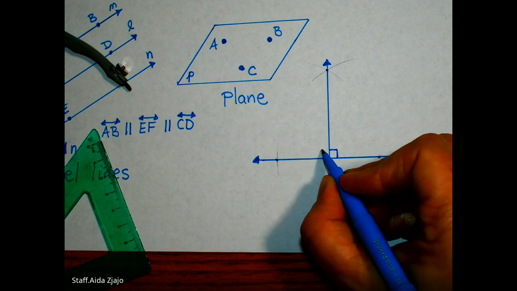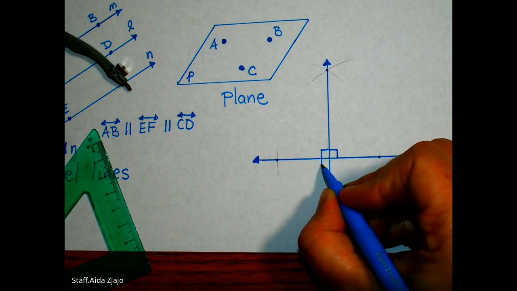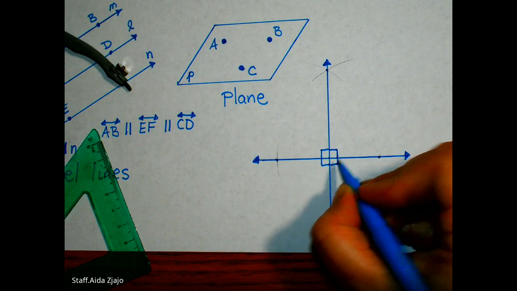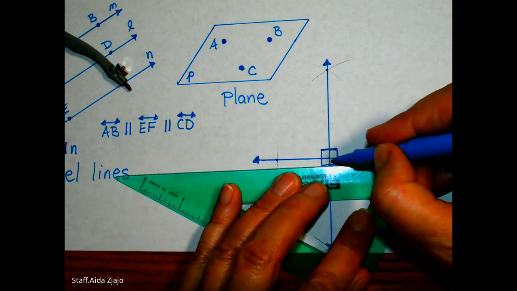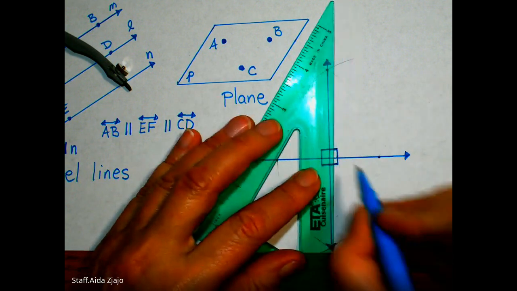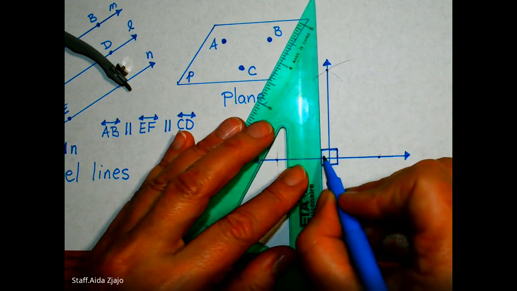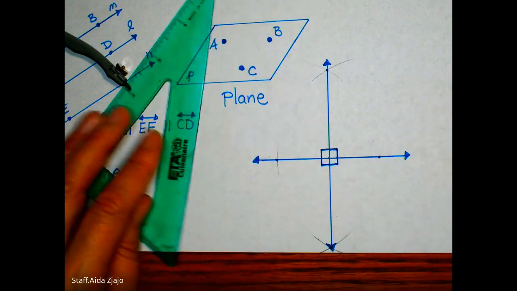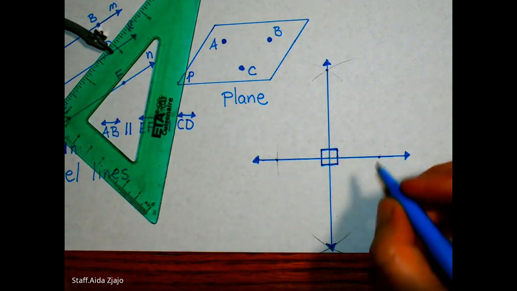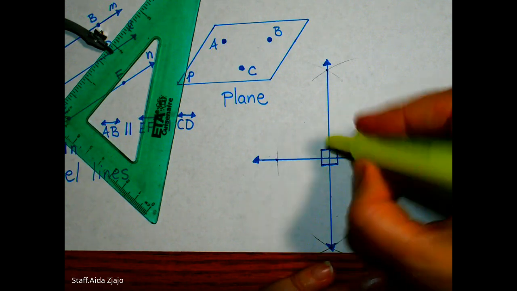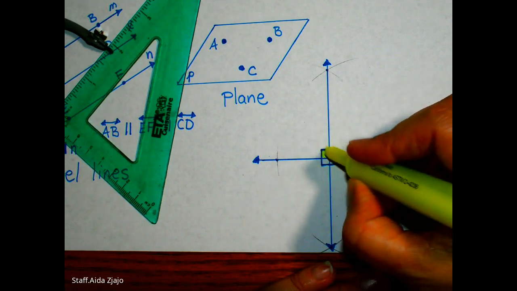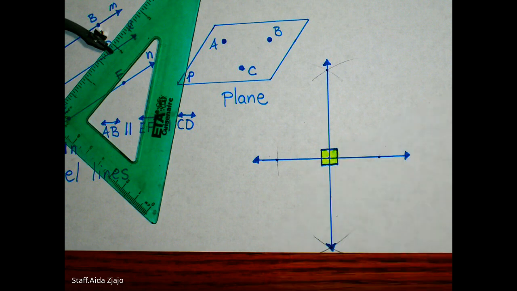All these are right angles, so practically they create a square, because all are 90 degree angles. All around, four 90 degree angles create a circle, 360 degrees. And these are called perpendicular lines.